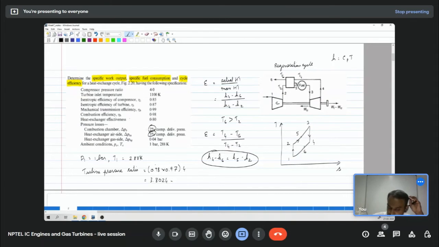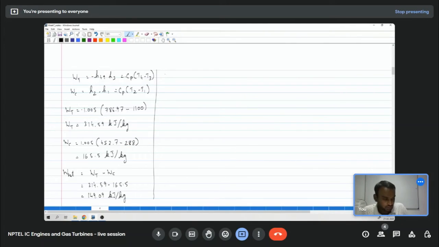Similarly, specific fuel consumption and cycle efficiency can be calculated. For specific fuel consumption, we need to know the enthalpy addition by the fuel. Enthalpy addition by fuel is H3 minus H5, or I would put heat in is H3 minus H5.